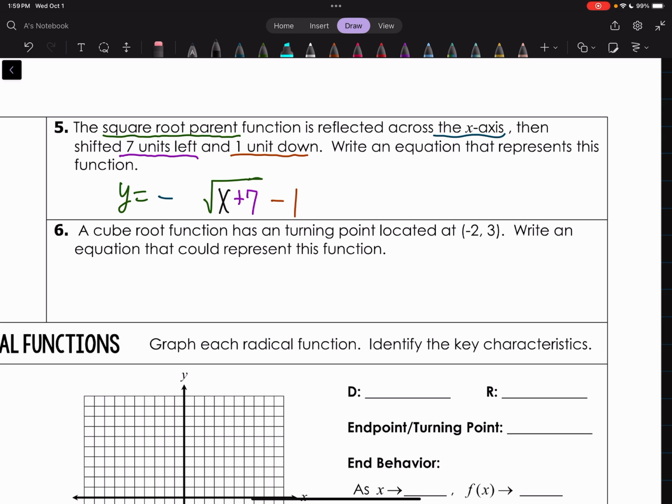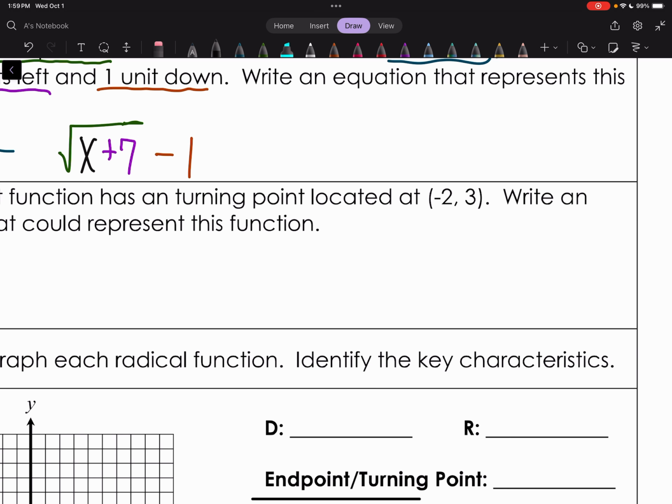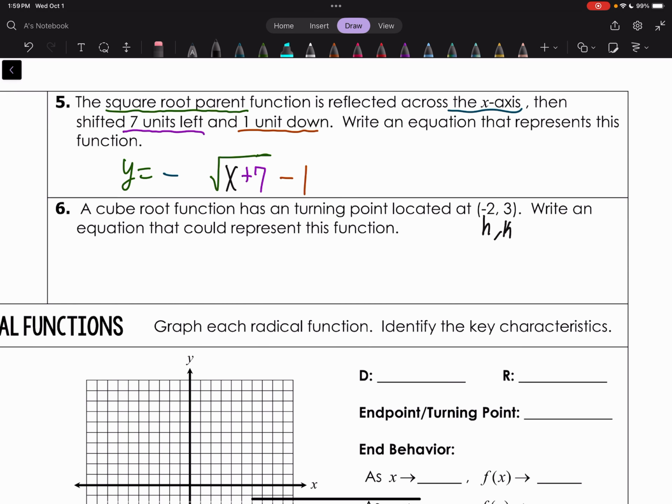Try number 6. Well, actually, let's talk about number 6. A cube root function has a turning point located at negative 2, 3. Now, the reason why I want to try this is it gives me an h and k value. Look up above at the transformations and see what your h and k values are, how they're laid out inside of the problems.